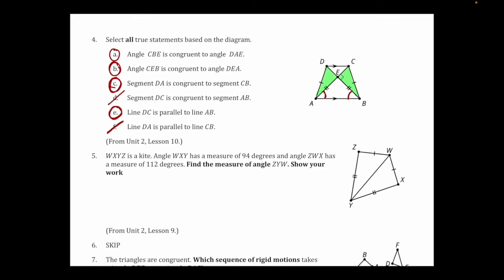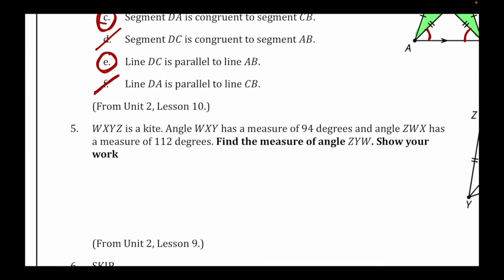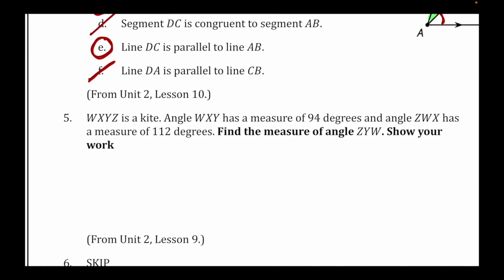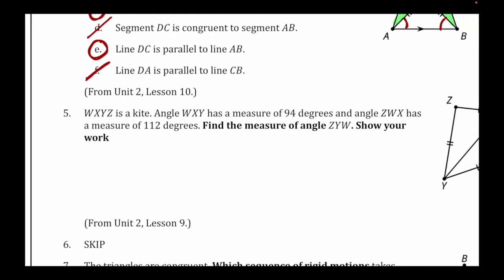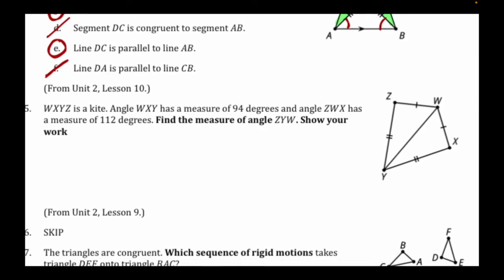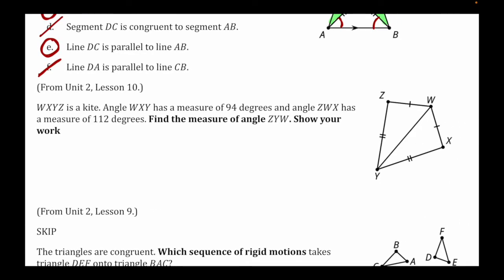Now, question 5 here is about finding some angle measures. So let's read what we have, and then we'll mark on our diagram afterwards. WXYZ is a kite. Angle WXY has a measure of 94 degrees, and ZWX has a measure of 112. So let's put those in before we continue reading what they want us to find. So WXY, that is this over here on the right.